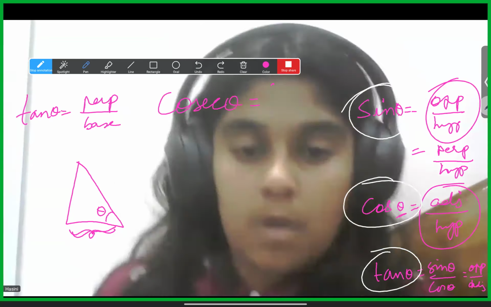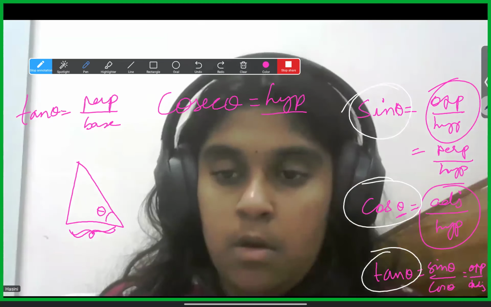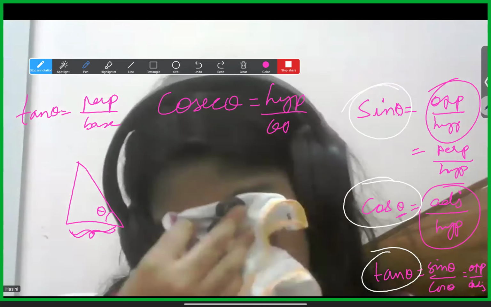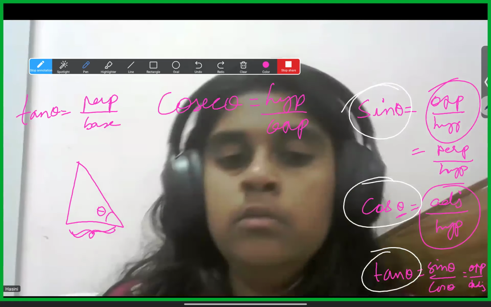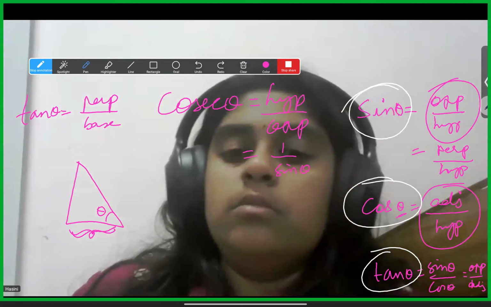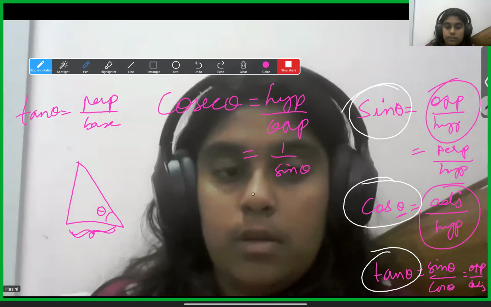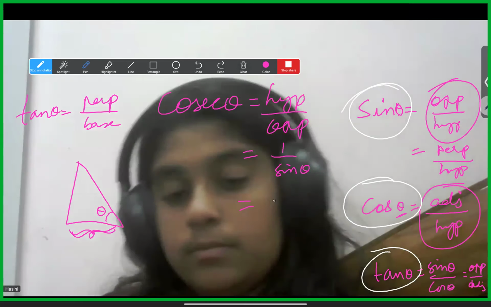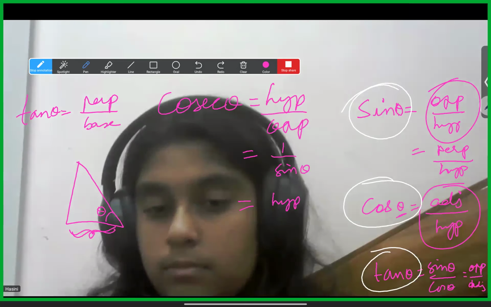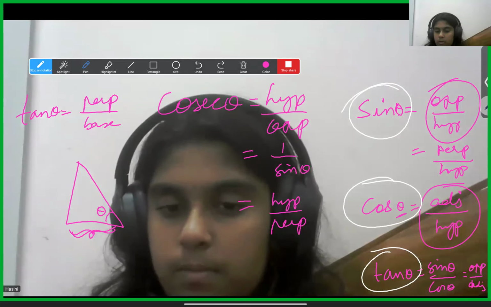Its formula will become hypotenuse by opposite, just the reciprocal of sine, or 1 by sin theta, or one more, hypotenuse by perpendicular.